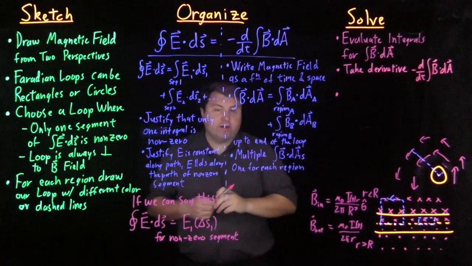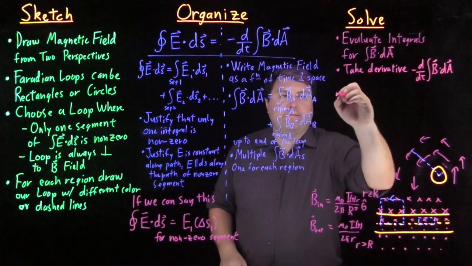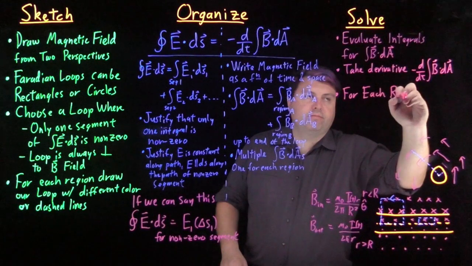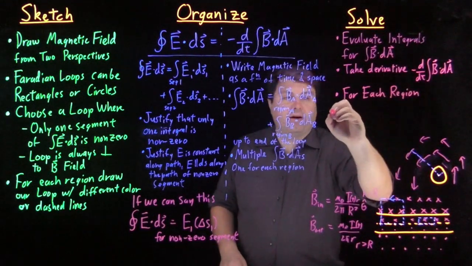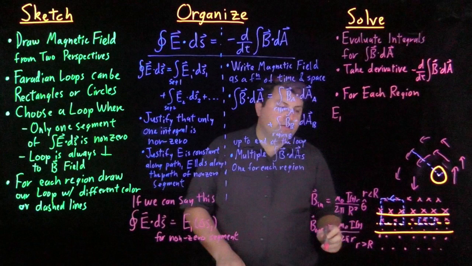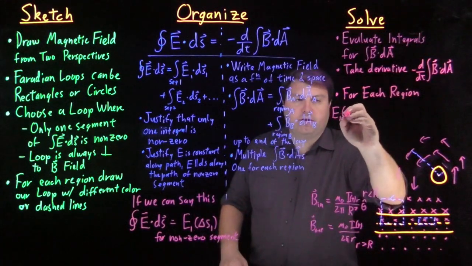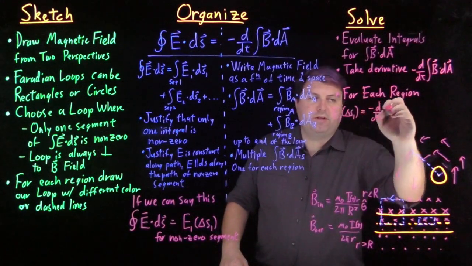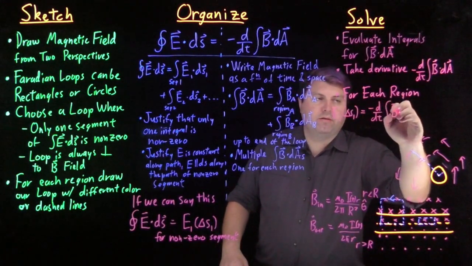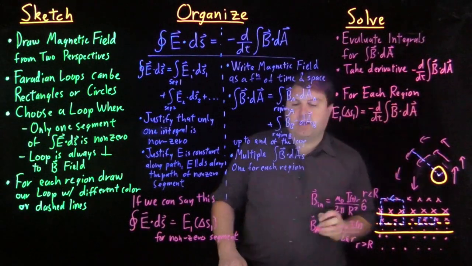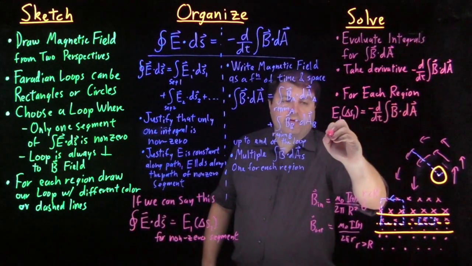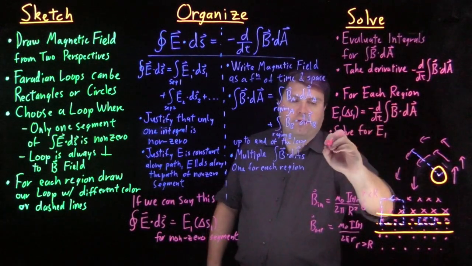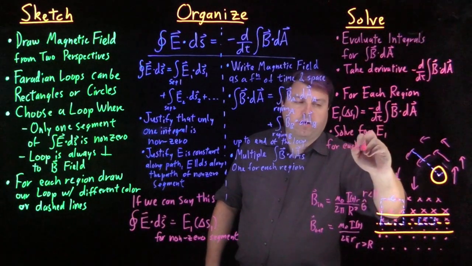And so once we have all of this, now we know that for each region, we have that our electric field at this region times delta S of this region is equal to negative d/dt of our integral of B dot dA, which is solved, and then we are going to solve for E1 for each region.